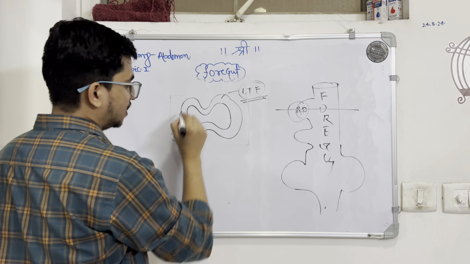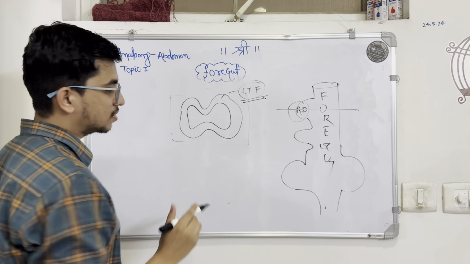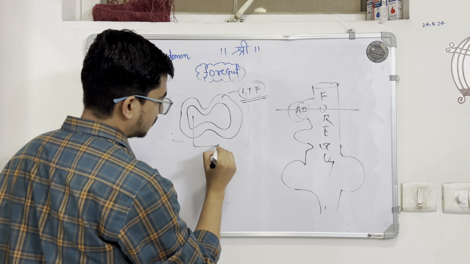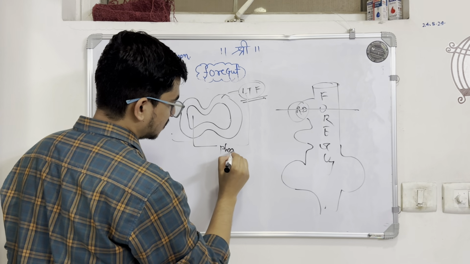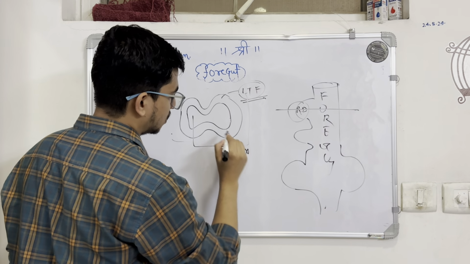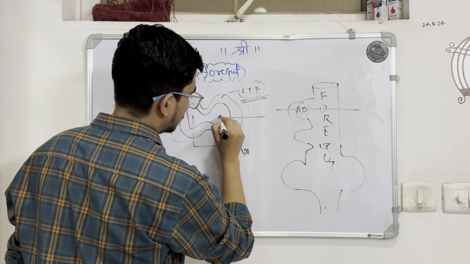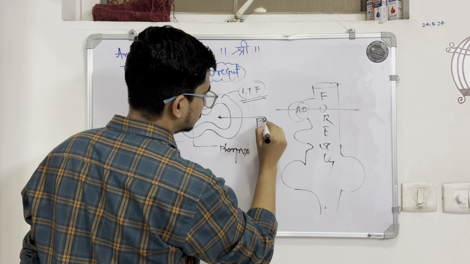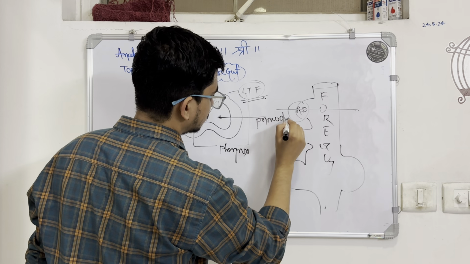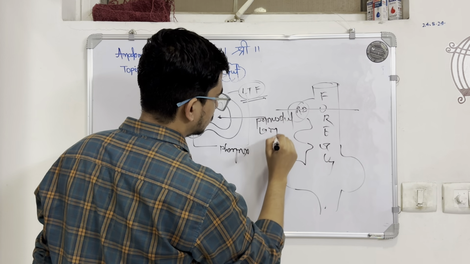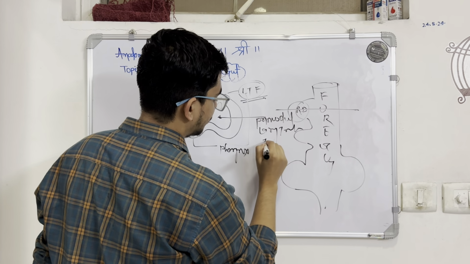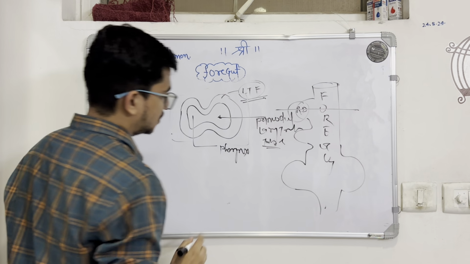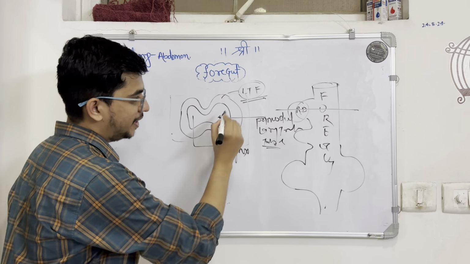Here are two tubes. First is the pharynx, or the primordial laryngotracheal tube. It grows medially.